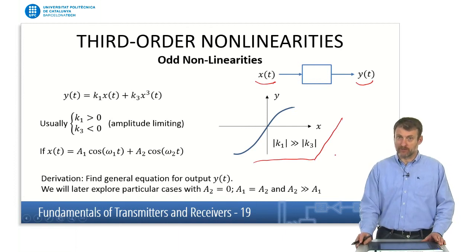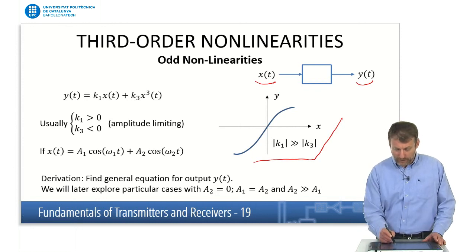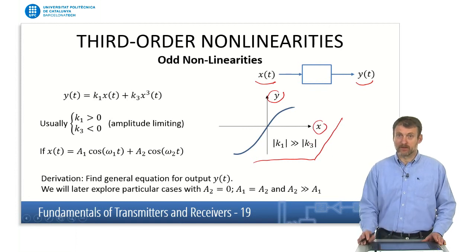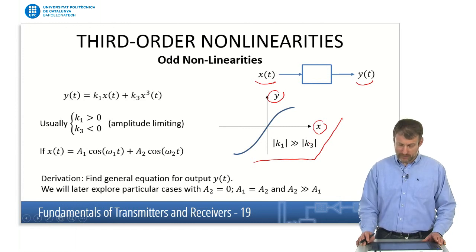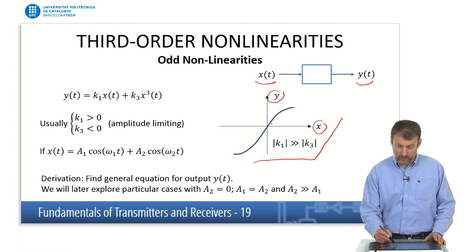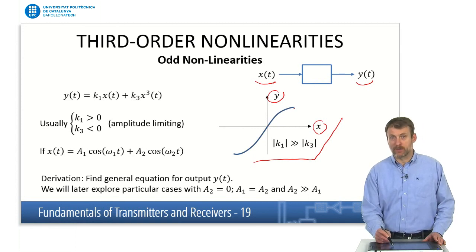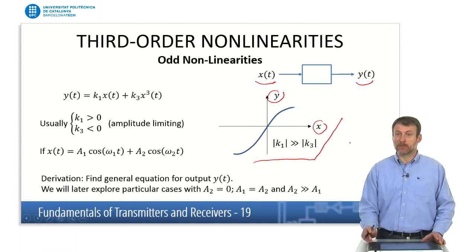We will have an instantaneous dependence of the output y with respect to the input x, given by this transfer curve in here. As you see, this transfer curve is about linear at the origin, and then as you increase x(t), y is limited. There's some amplitude limitation in the shape of this curve.